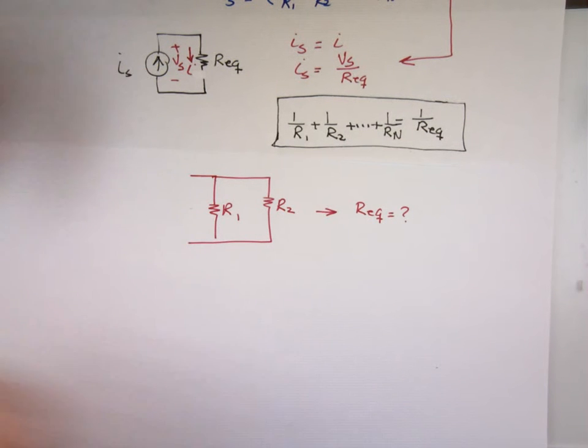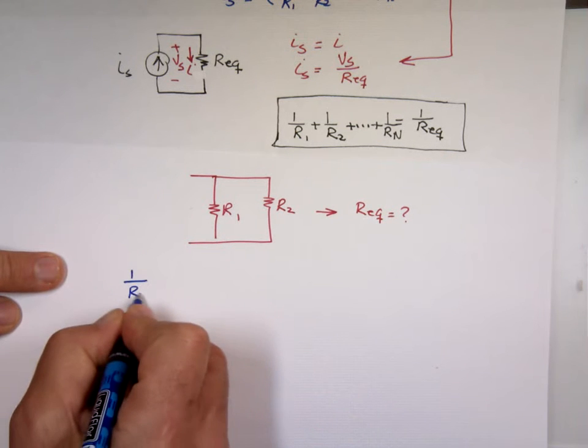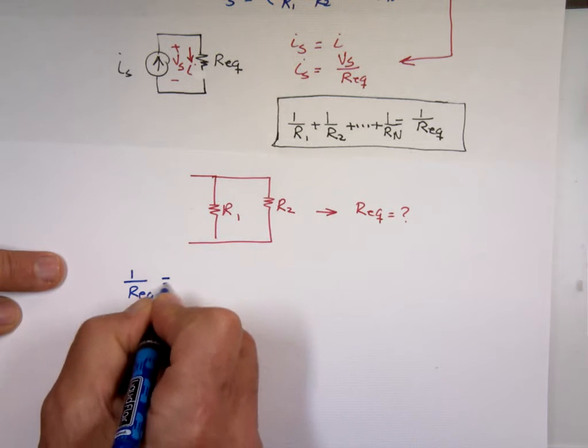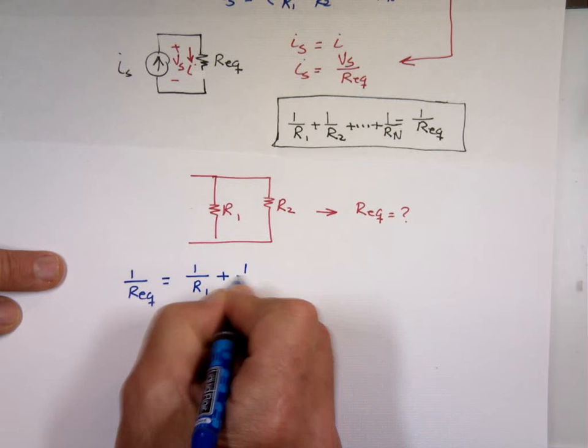Here we go. Let me use it. 1 over R equivalent is equal to what? 1 over R sub 1 plus 1 over R sub 2.